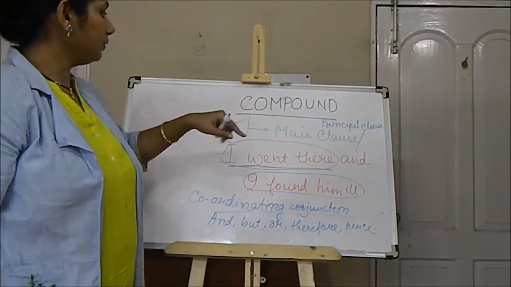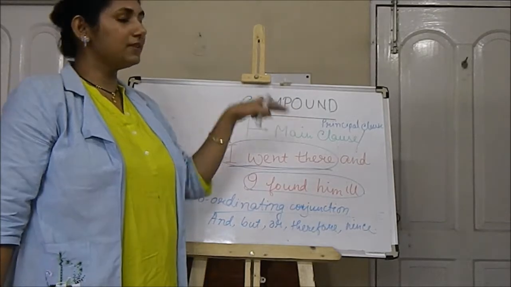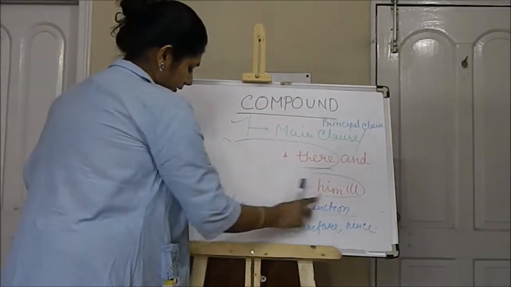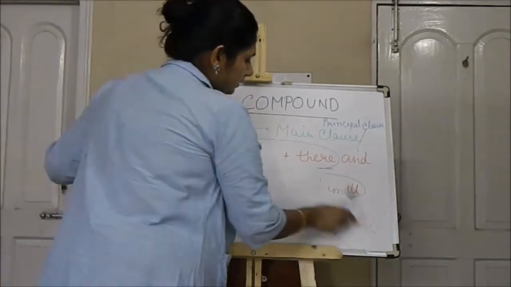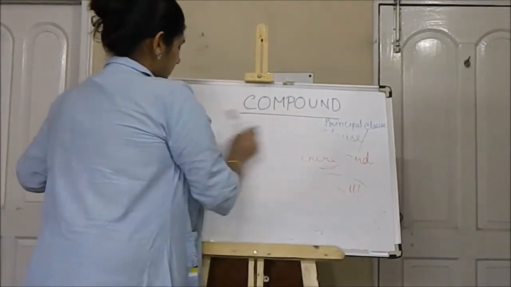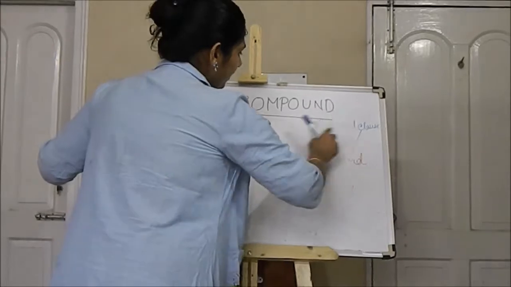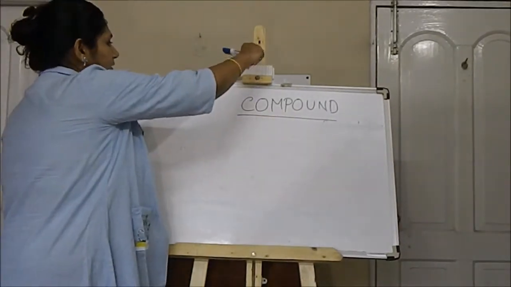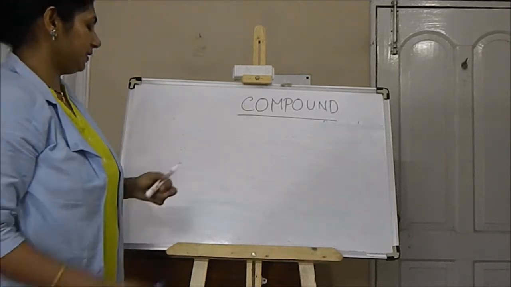Now coming back to the point of compound sentence with which I have started. Let me clear the board first. There is no space to write anything here. So, the compound sentence.